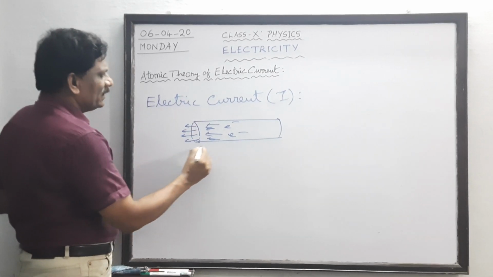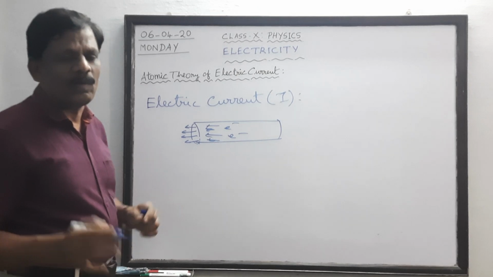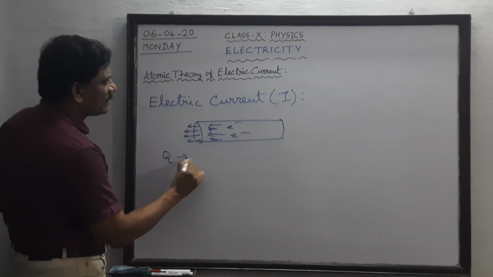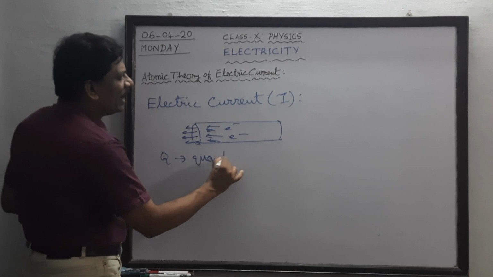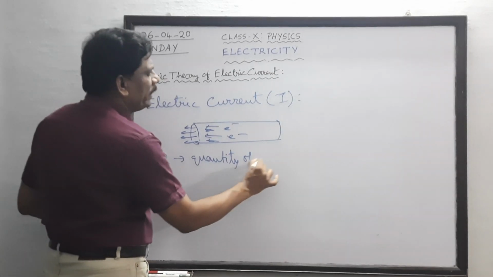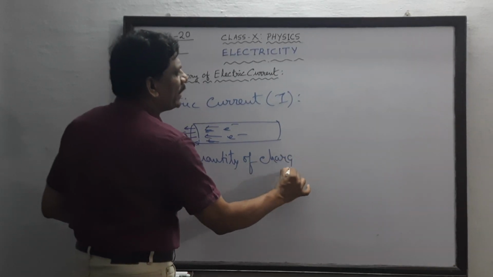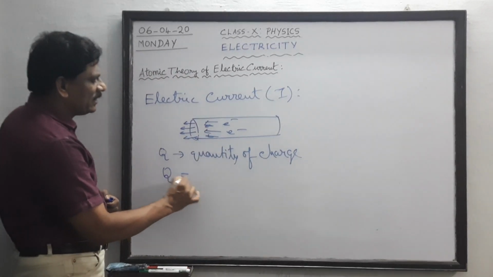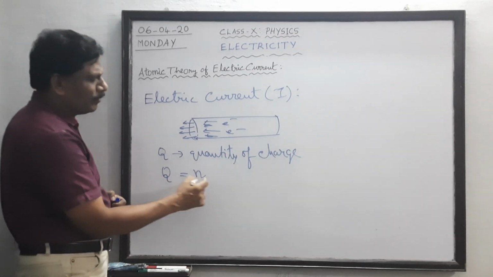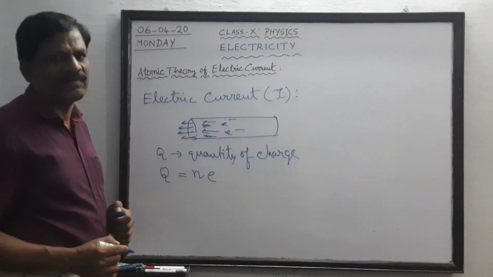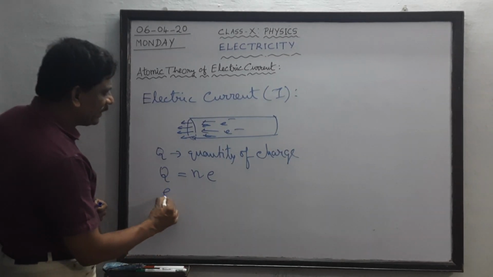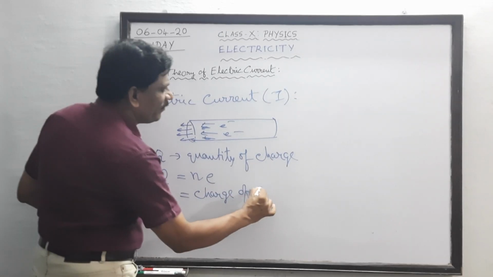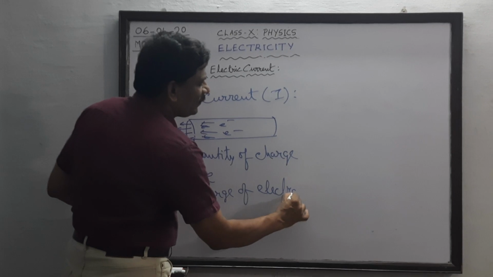And these free electrons are having a quantity of charge. So Q is called the quantity of charge flowing through the conductor. And this quantity of charge is equal to what? Integral number of electrons, n times e, where e is the charge of electron.